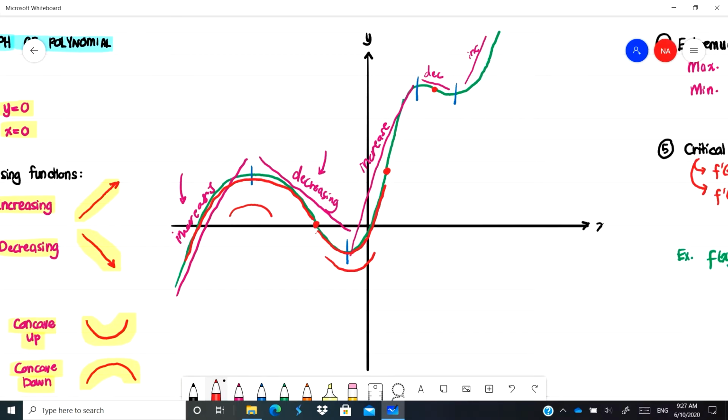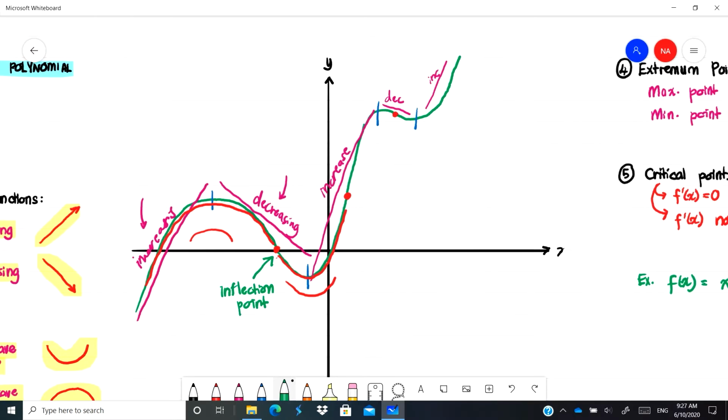The point where the concavity changes from concaving down to concaving up, we call this an inflection point. An inflection point is the point where the graph changes its concavity. Again, from this to this, we get concaving down, like a rokok.